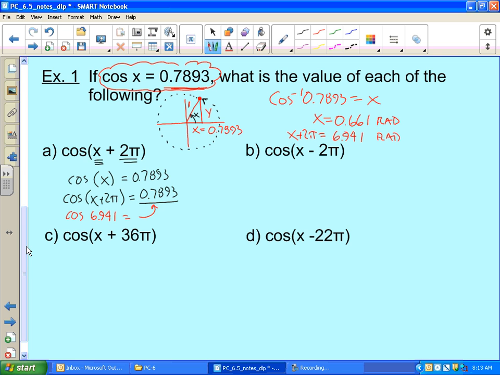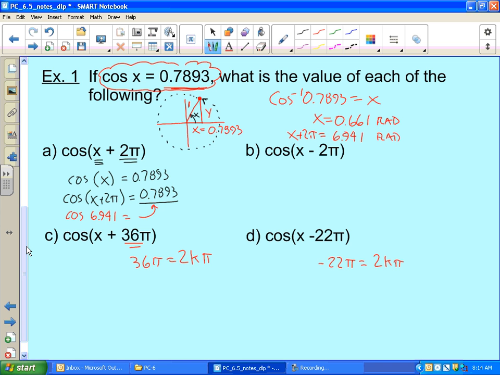And in each of these examples, you'll notice that my 36 pi, remember this is the 2k pi part of my problem, and this negative 22 pi is the 2k pi part of my problem.